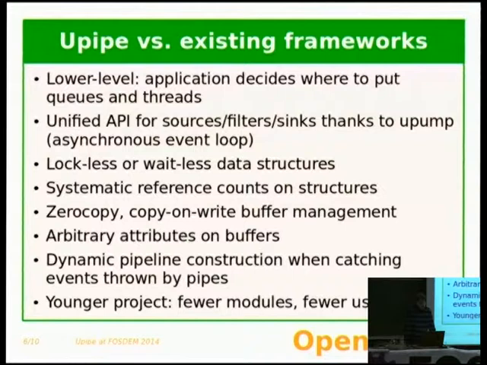And, well, it may sound funny at first to hear that there's nothing in Upipe to spawn threads or to handle multi-threading, but we manage the superscalar use case by having lockless or waitless data structures. All our structures are lockless. We have lockless LIFOs for buffer pools. We have lockless FIFOs for queues.